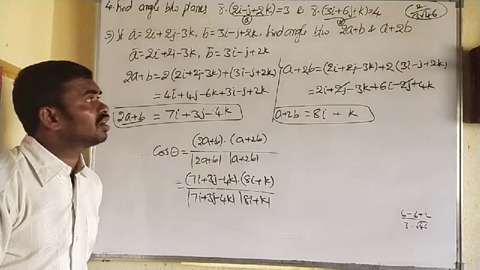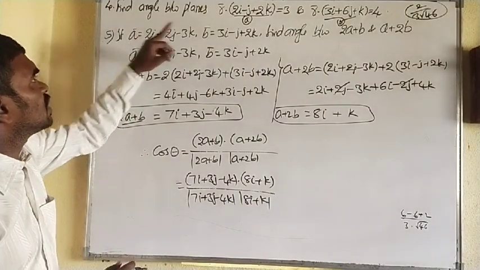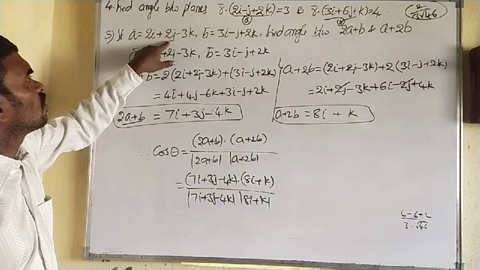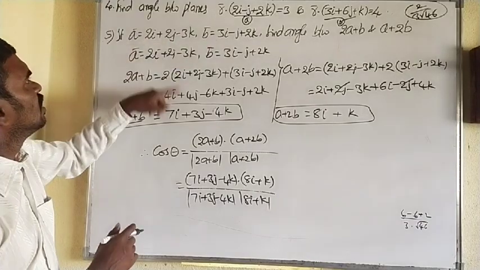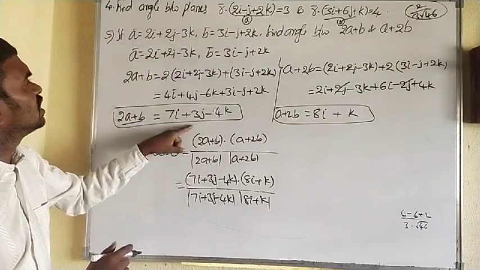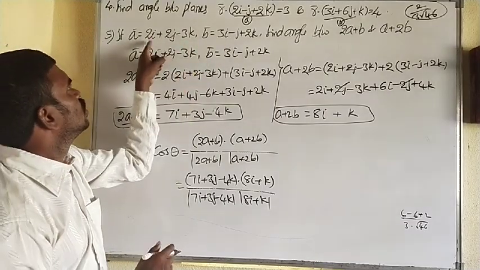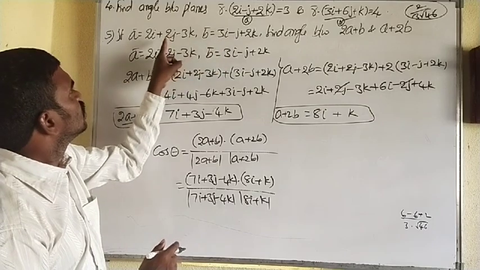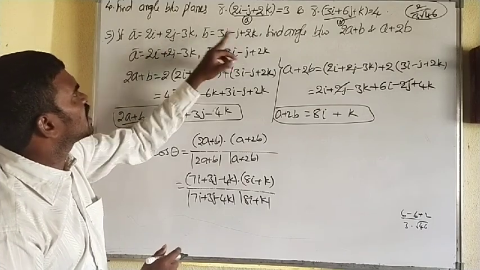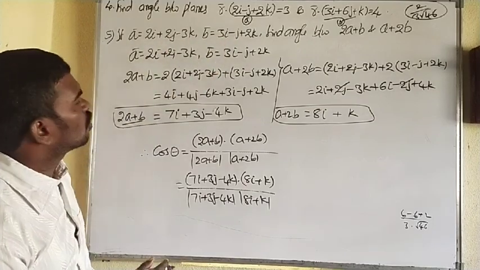Once check it, is anything wrong? 2a plus b: 4 3 7, 4 minus 1 3, minus 6 plus 2 minus 4. Next a plus 2b: 2 plus 6, 8, 2j minus 2j 0, minus 3k plus 4k, plus 1k.